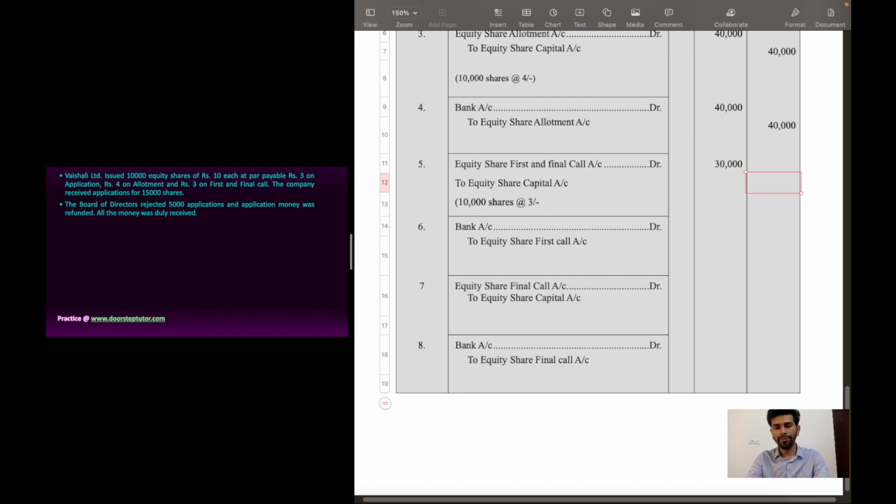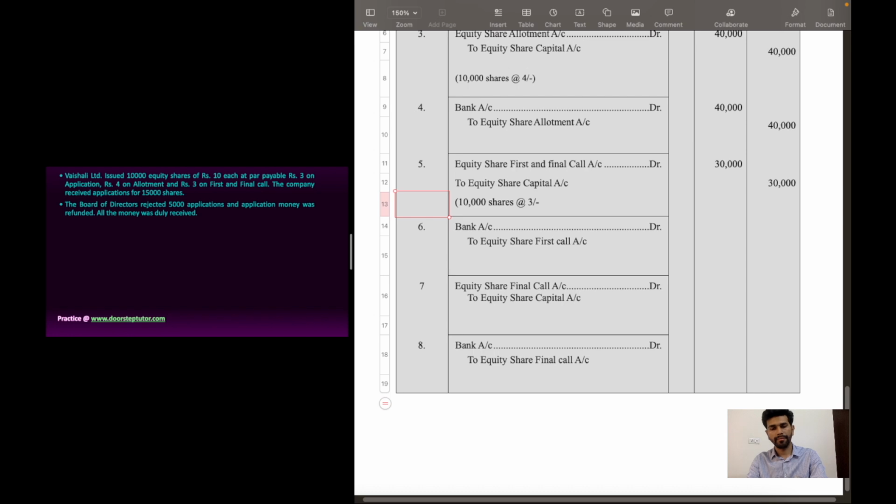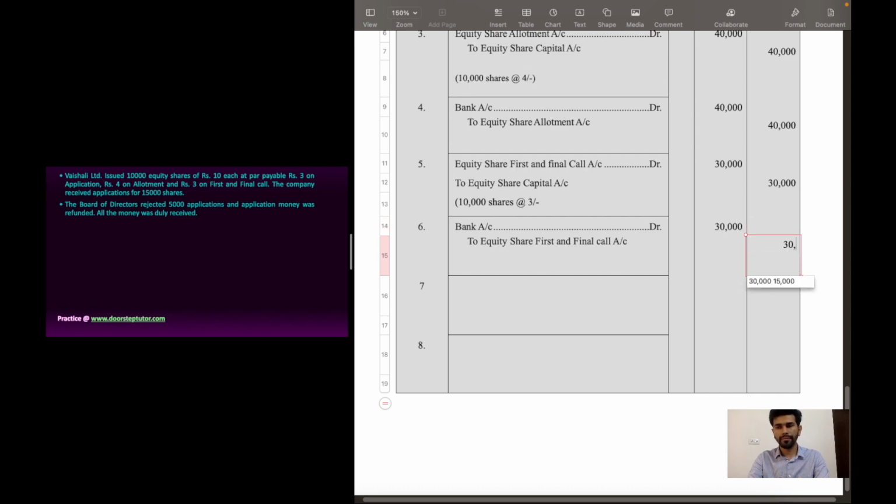Total 30,000 rupees will be debited and credited. Being first and final call money due on 10,000 equity shares. And last entry on receipt of first and final call money, the entry will be bank account debit to share first and final call account, 30,000 rupees. Narration being first and final call money received on 10,000 equity shares.